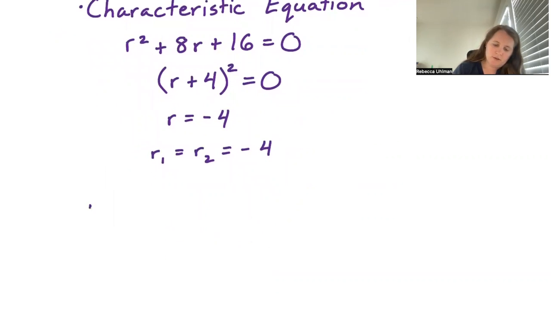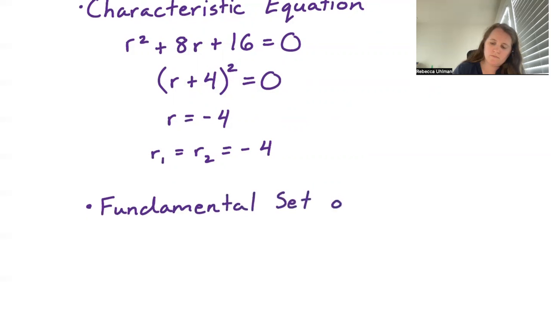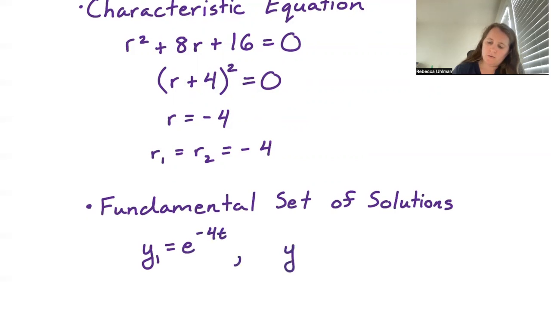Therefore, we get a fundamental set of solutions: y1 equals e to the -4t, and y2 equals t e to the -4t.